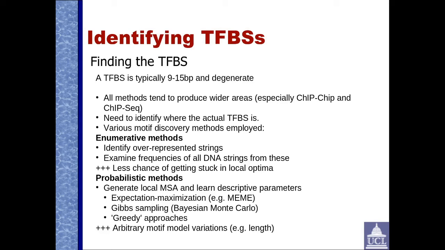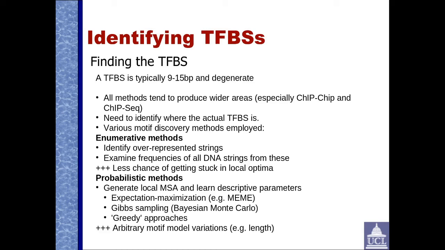The advantage of this type of method is that we can deal better with arbitrary motif model variations. For example, motifs that vary in length, whereas we can't do that with the enumerative methods, where we're just looking for frequencies of strings, because we have to look at a fixed length.